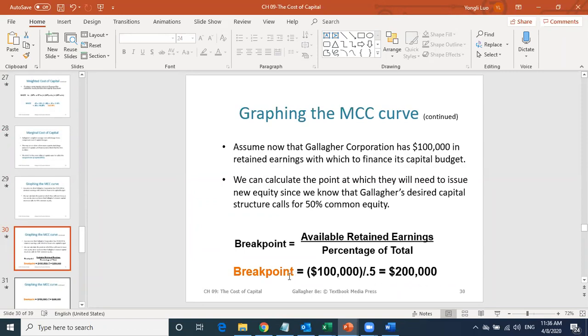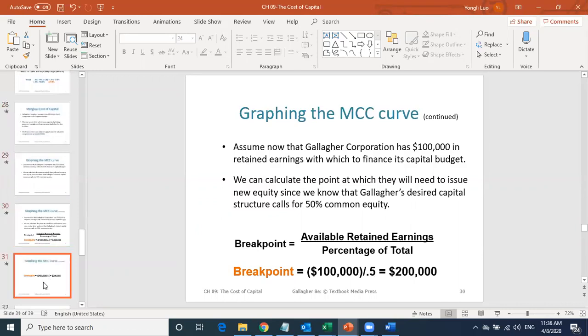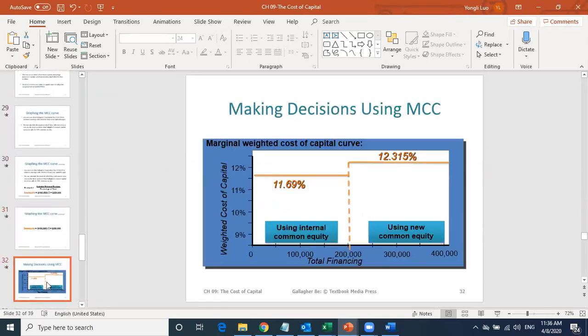The break point is going to be 200,000. That means if you use internal common equity for the first 200,000, your cost is 11.69%. That's the weighted average cost of capital.